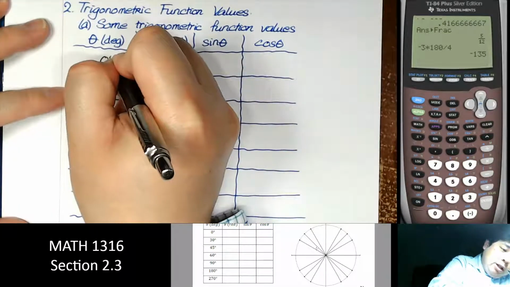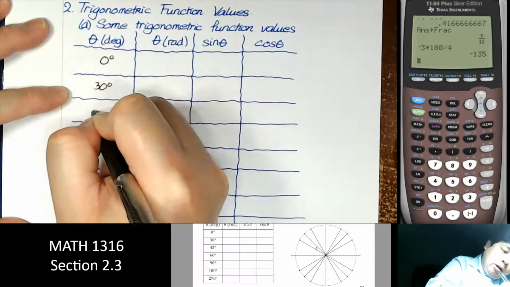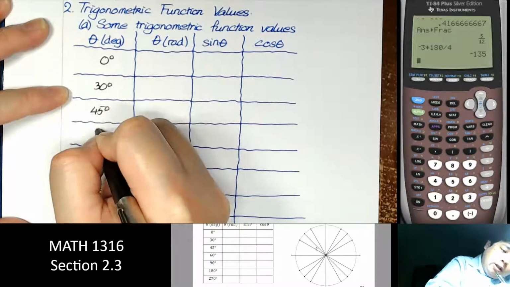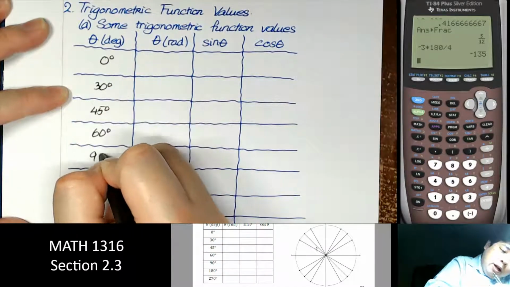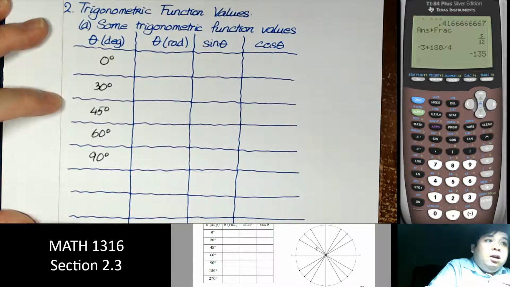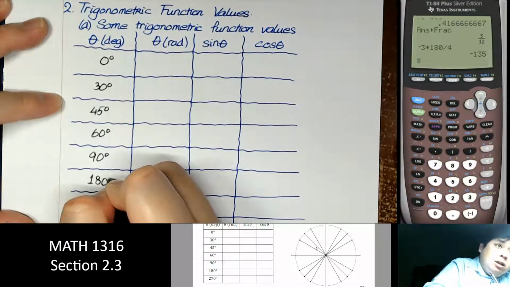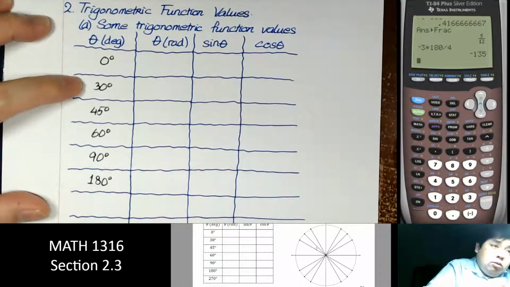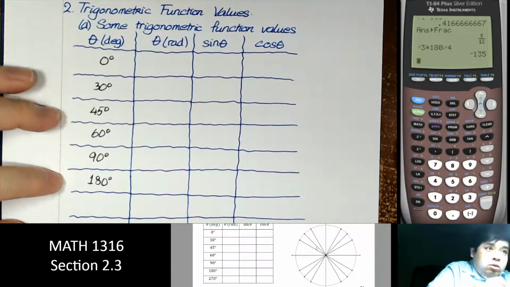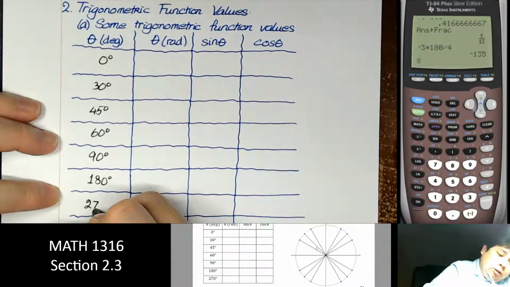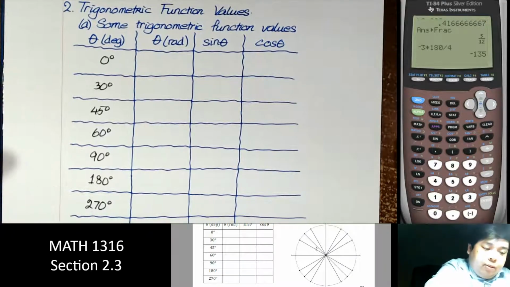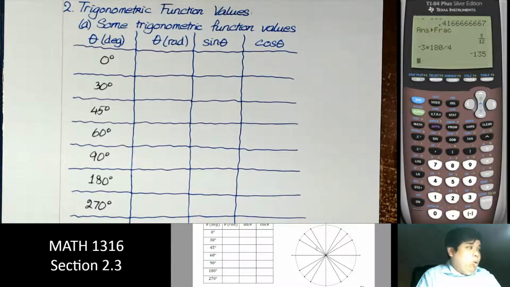0 degrees, 30, 45, 60, 90, 180, right. Now we go to the equivalent in terms of radian.